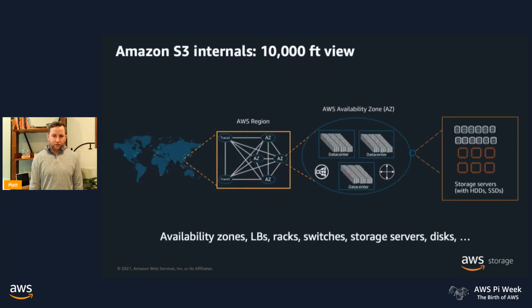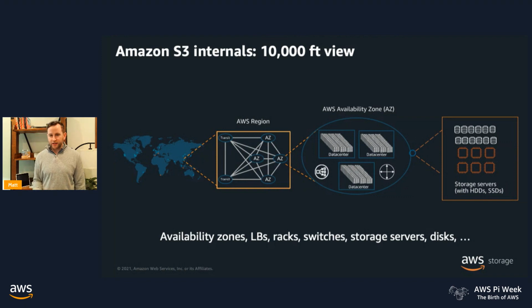So as I mentioned, one of the key things that I always start with is a view into how AWS builds its infrastructure and regions to deliver the availability, durability, resiliency, and performance you require. Each AWS region is made up of a group of availability zones, or what we call AZs.